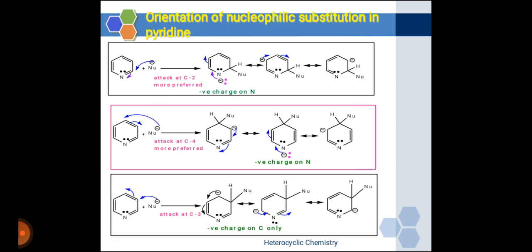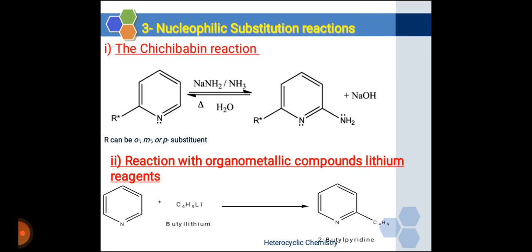Now the nucleophilic substitution reactions. The methylated pyridine molecule reacts with sodamide in the presence of ammonia at a particular temperature to form the 2-amino, 2-alkylated pyridine molecule, or a 2,2-substituted pyridine molecule is formed.